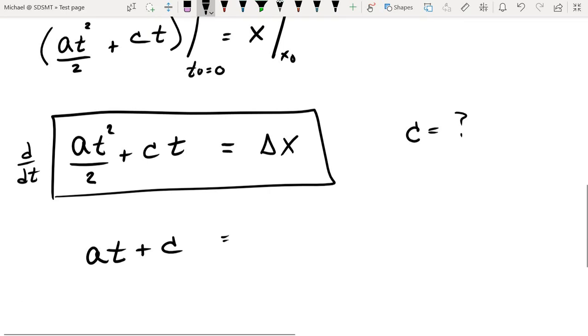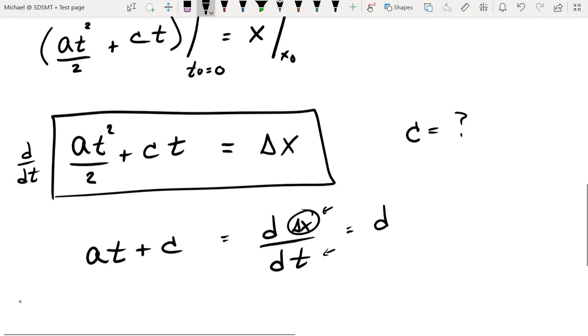But when we take the derivative of the right-hand side with respect to time, over here what we have is the change in position, and we're shrinking everything down to that infinitesimal statement, which means that this is going to shrink down to an infinitesimal statement as well.